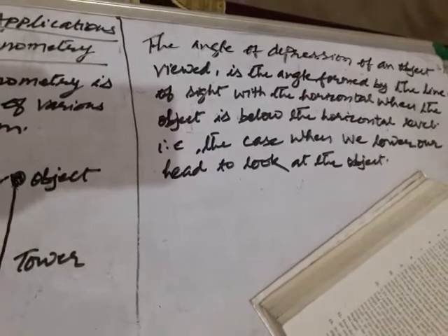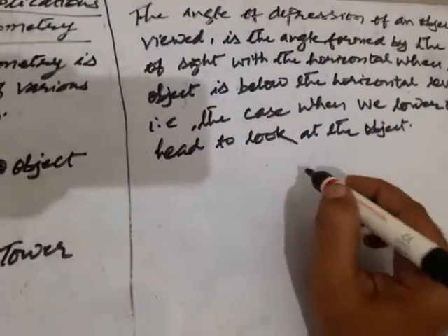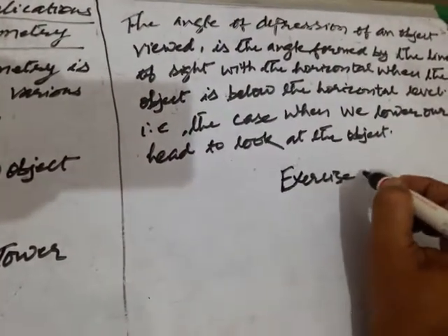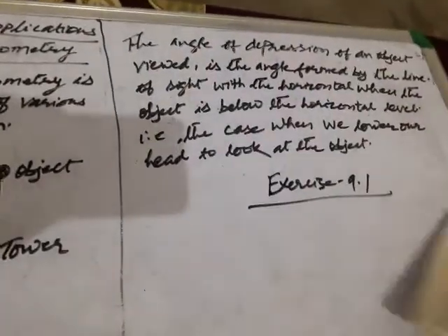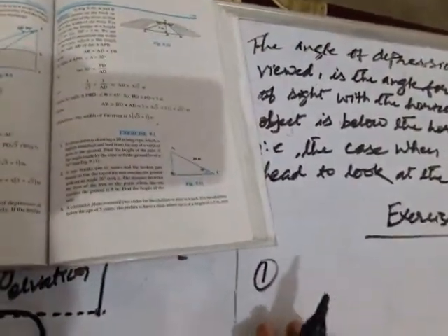Okay children, now let us move to Exercise 9.1. What is it about? Question number 1. I am not going to write the entire question here. The figure is given in the question.